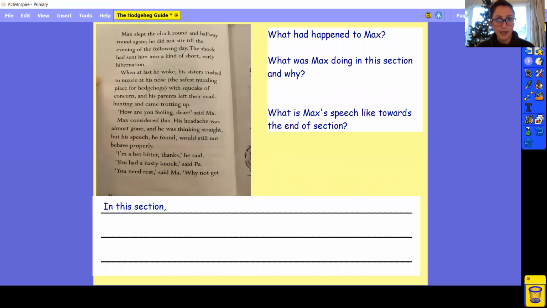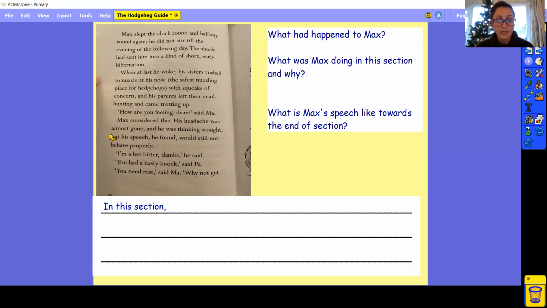So on to the next section. The questions are: what had happened to Max? Remember, what did Max do in this section? What was he doing in this particular section, and why was he doing it?